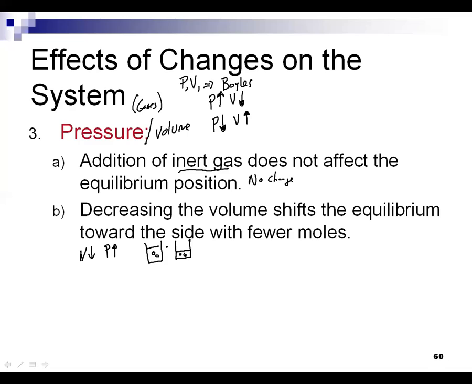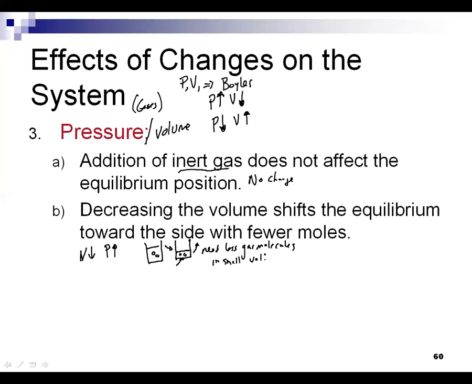So what we want to do is bring the pressure back down. A good way to remember that is in a small volume, you need fewer gas molecules. So it will shift to whichever side of the equation has the smallest number of gas molecules.